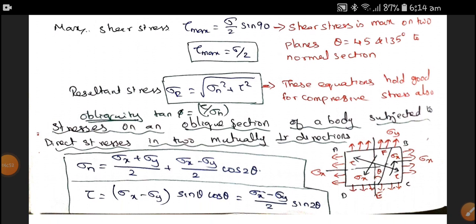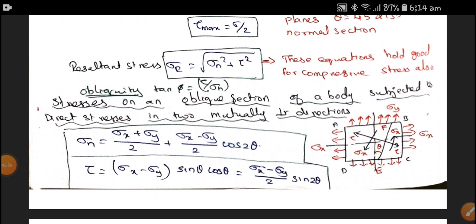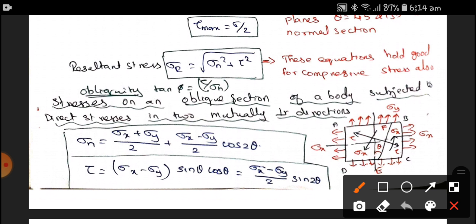The second condition is stress on an oblique section of a body subjected to direct stress in mutually perpendicular directions. Here the mutually perpendicular directions are sigma x and sigma y. Sigma x is acting on the longitudinal axis of the tensile member, as well as sigma y, which is perpendicular to the longitudinal axis.